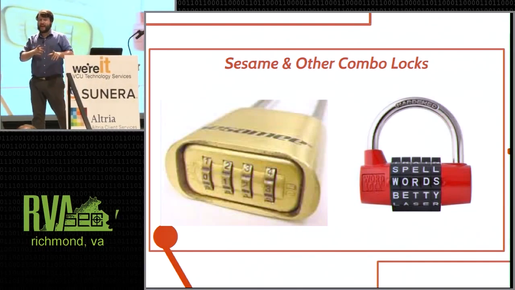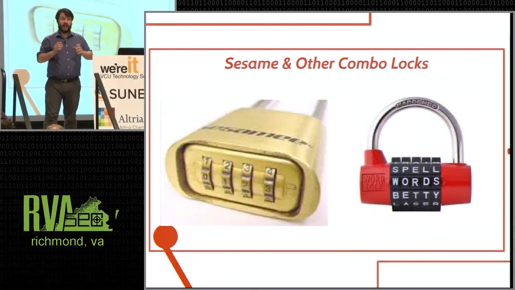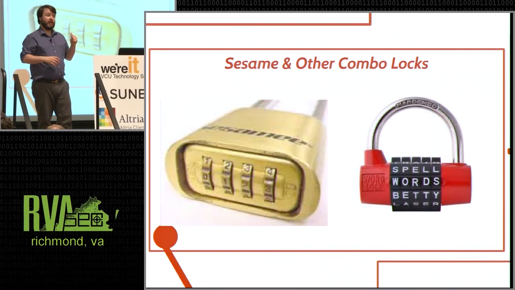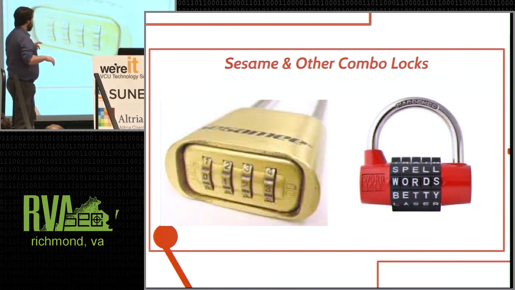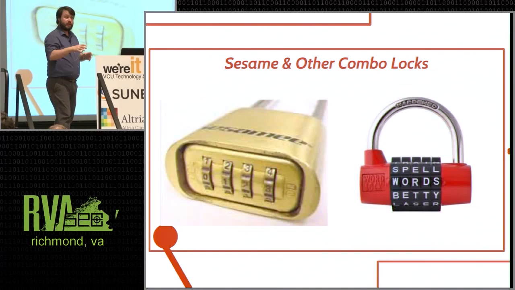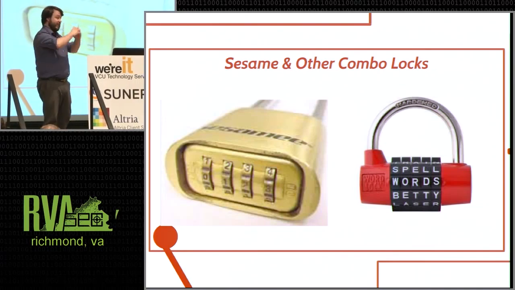If you can find that gap, we know that in every combination lock that operates like this, all of those gates in their final position will be in perfect alignment. So, let's quickly open both of these. The Sesame lock on the left, we can probe it with a thin piece of metal, or potentially we can even look with a scope to see where these gates are on the inside of the lock.